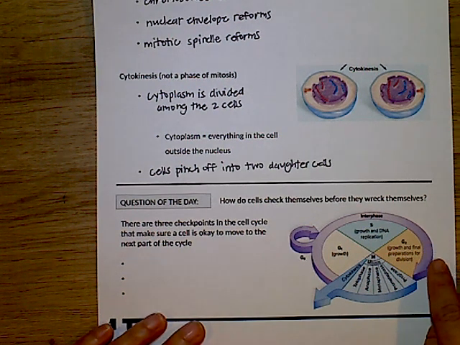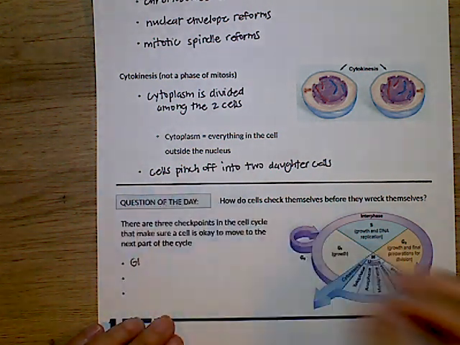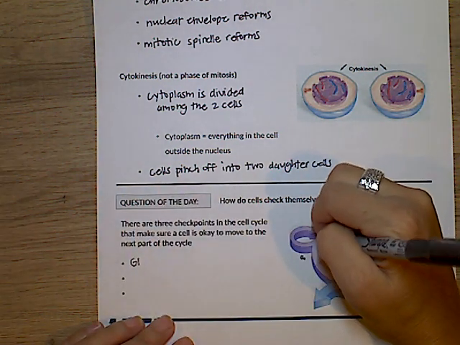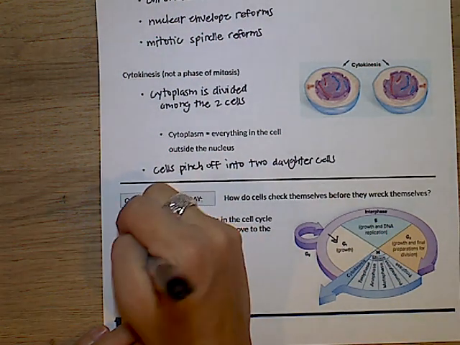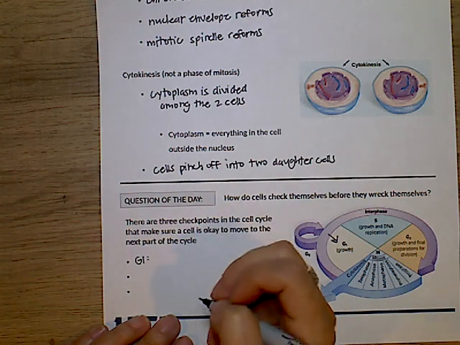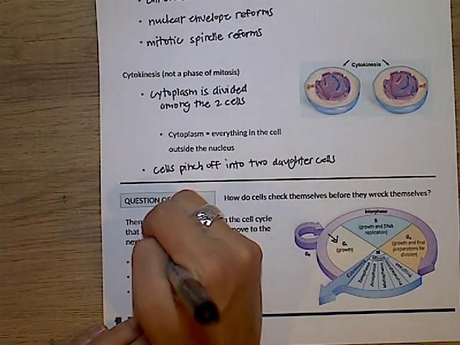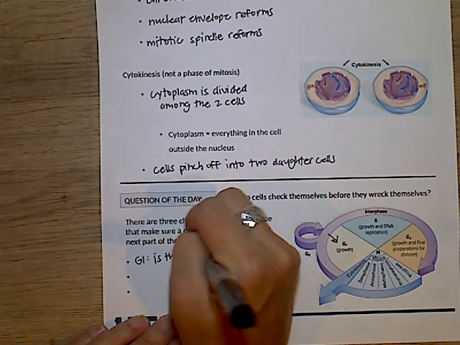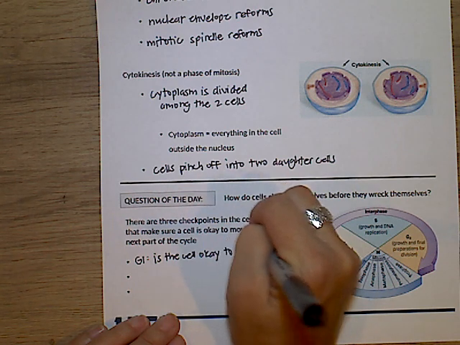So this happens in 3 different parts of the cell cycle, and the first one is G1. So right here, in interphase, where the cell just kind of decides, hey, am I okay to divide? Is the cell okay to divide?